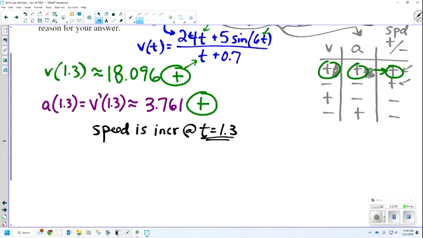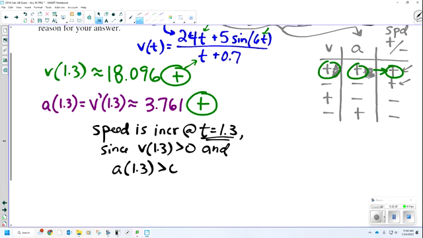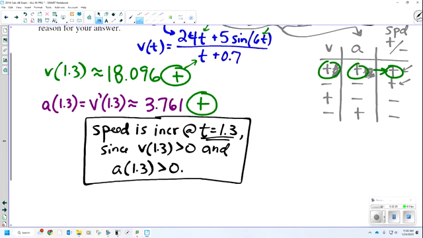What's the reason? Since v of 1.3 is positive, or I write greater than 0, and acceleration at 1.3 is positive, or greater than 0. That is it. We are done. But be specific, please. What do I mean?